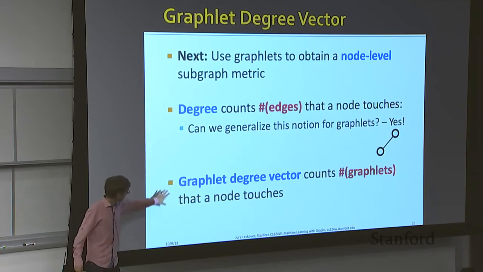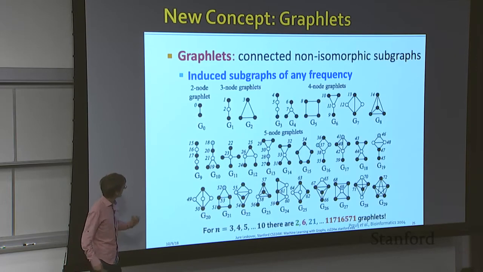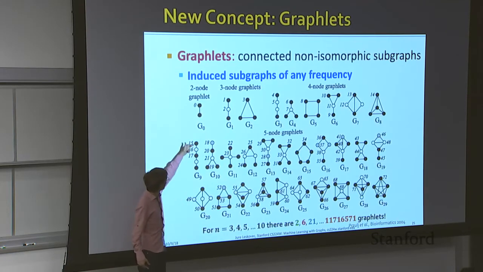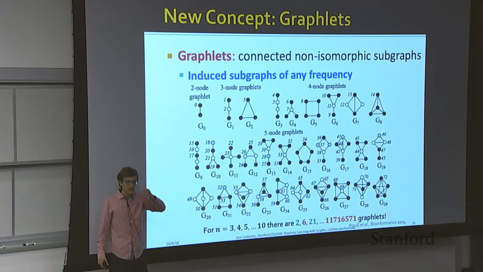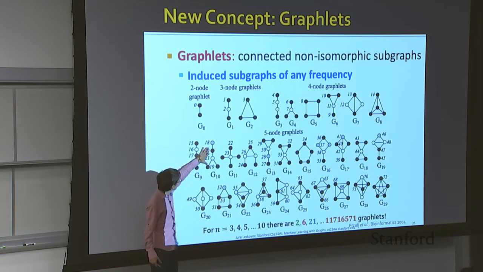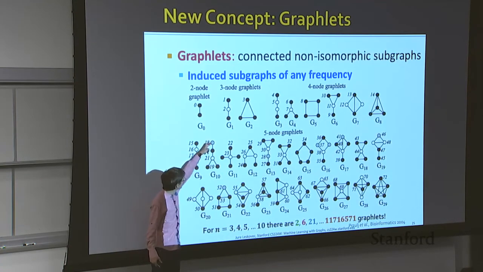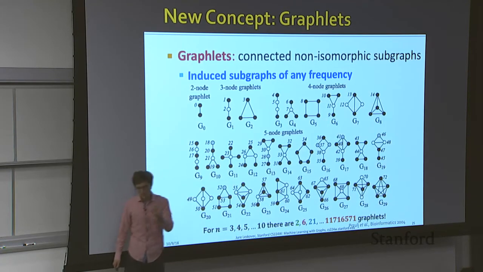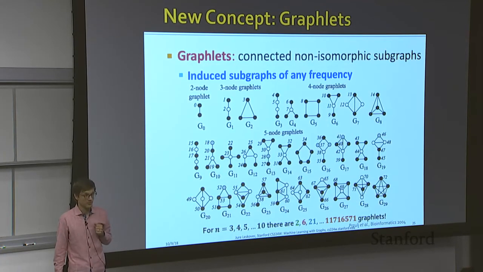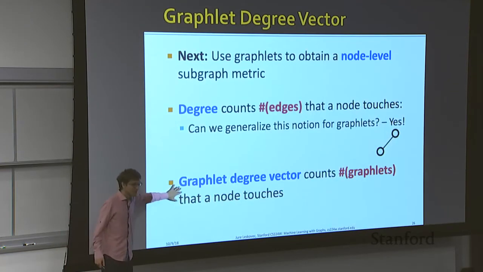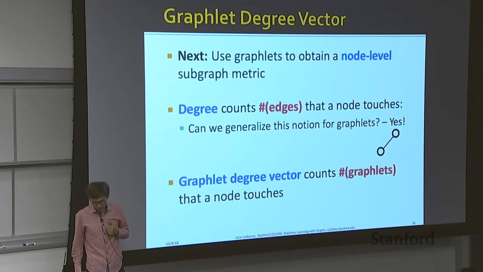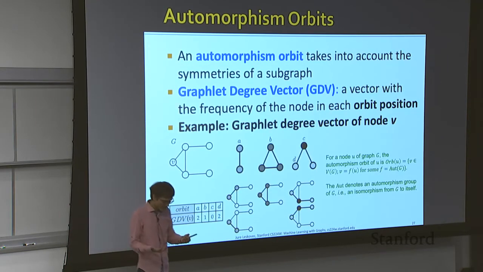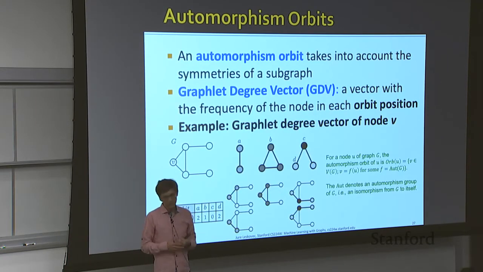And if we go back to the previous picture with this concept, then it's clear that for this type of subgraph, I can touch it at 3 different points, right? And this particular subgraph I can touch at 4 different points, that are non-isomorphic or distinguishable from each other. Okay, so that's some intuition on how to think of this. And then what I have to explain is this notion of an automorphism orbit, right?